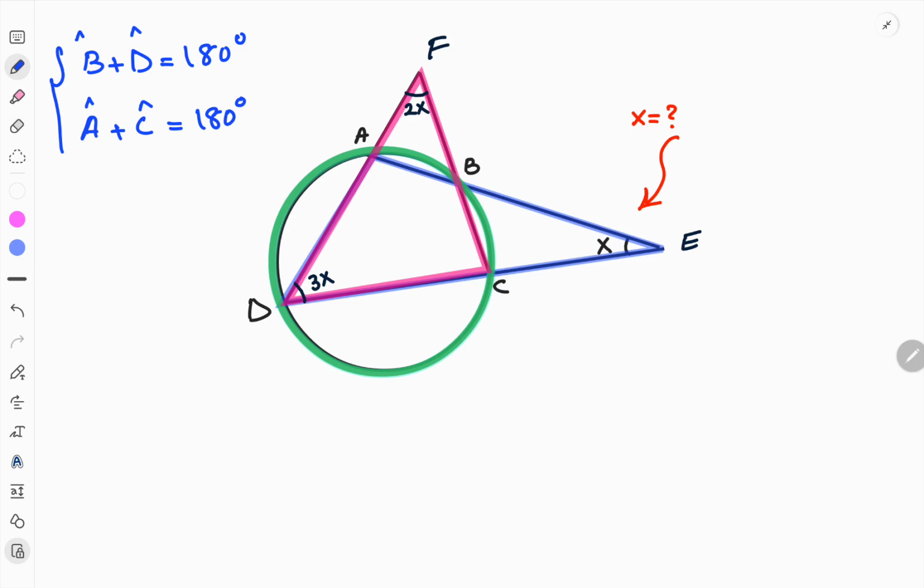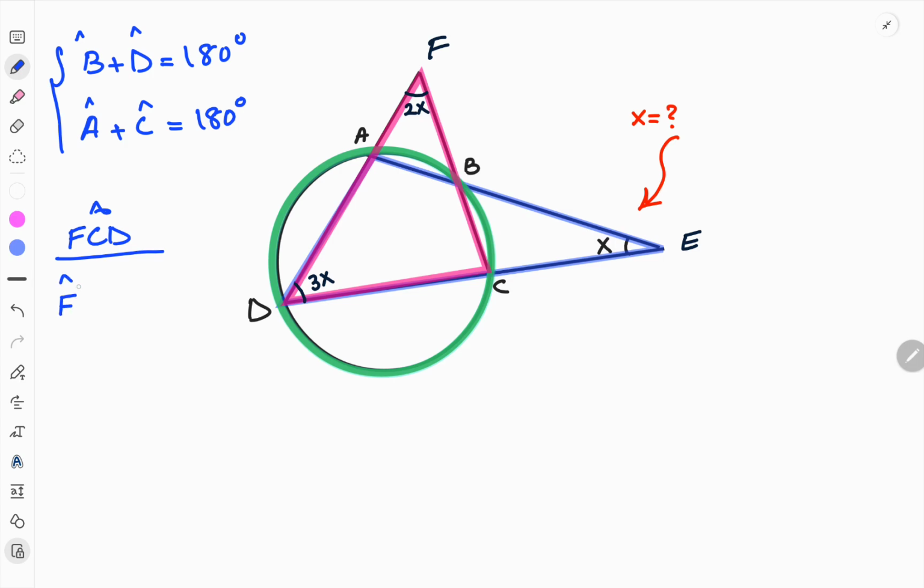Okay? And then another equation that we can write is using triangle FCD. In triangle FCD, or in any triangle, the sum of three interior angles is 180 degrees.